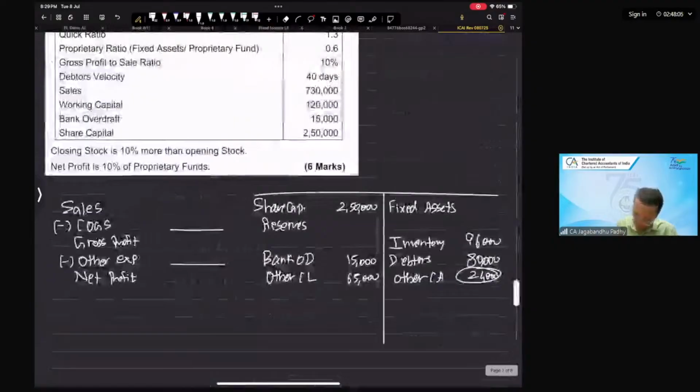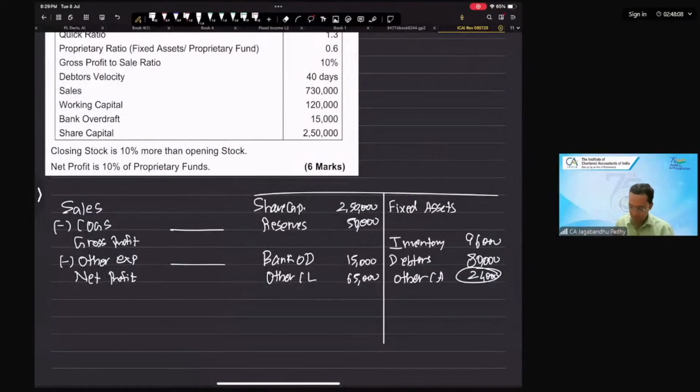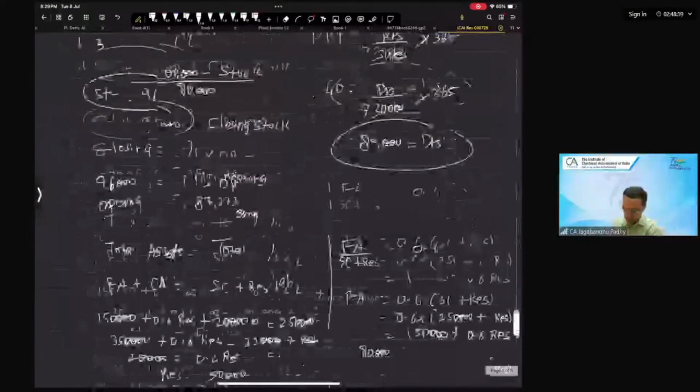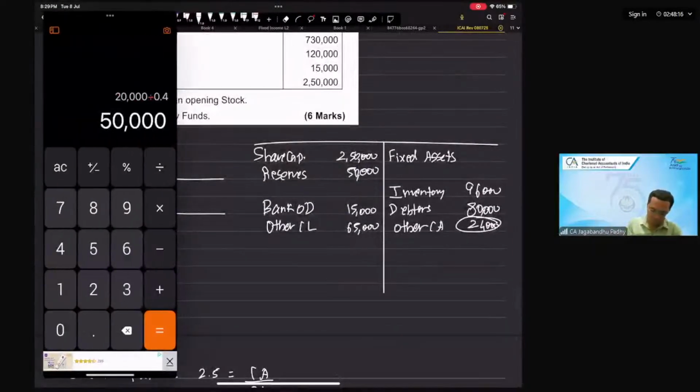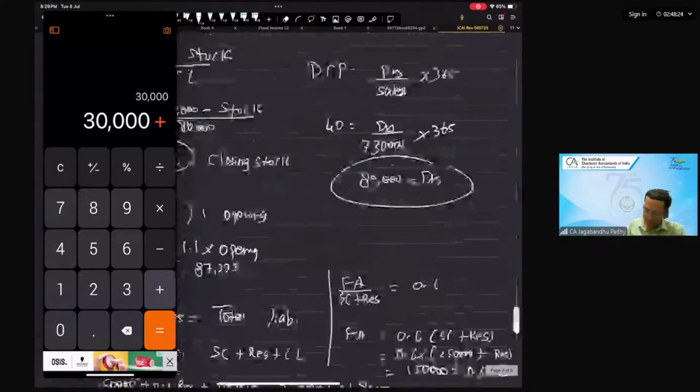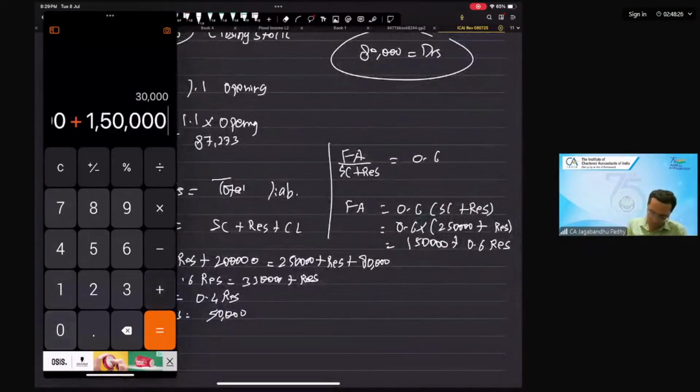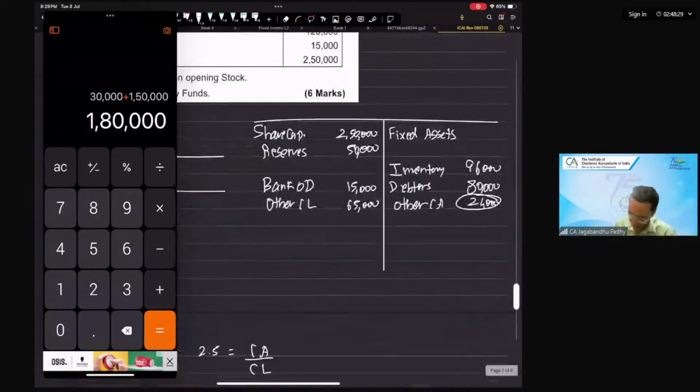Once we get the reserves value as 50,000, the fixed asset can also be obtained as 1 lakh 50 plus 0.6 of reserves. So 0.6 into 50,000 plus 1 lakh 50,000, which is 1 lakh 80,000.